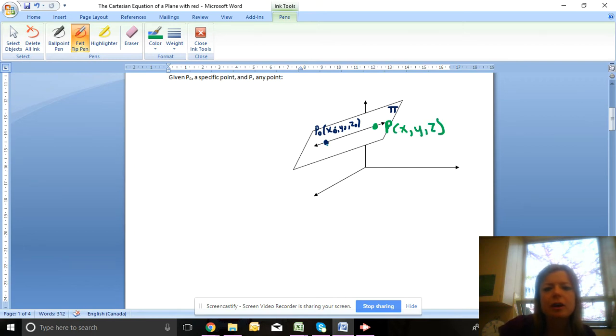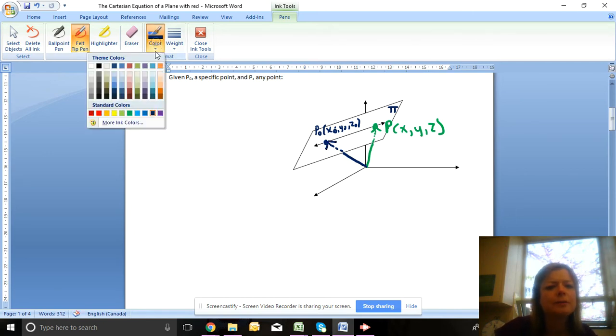Then we can draw a position vector OP, coming up from the origin, and we can dot it to show it's kind of behind the plane. We can also draw a vector OP0, going from O to P0.